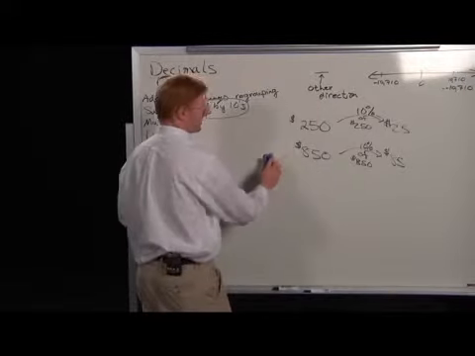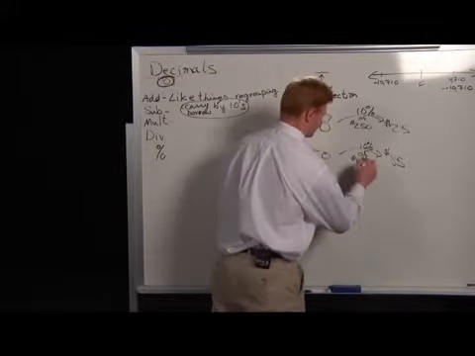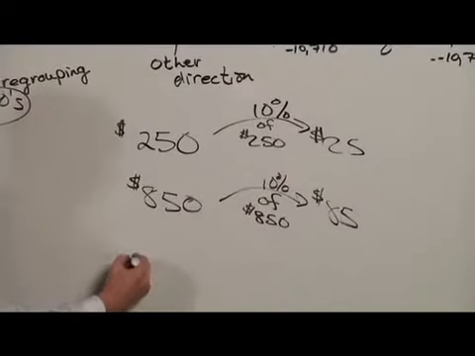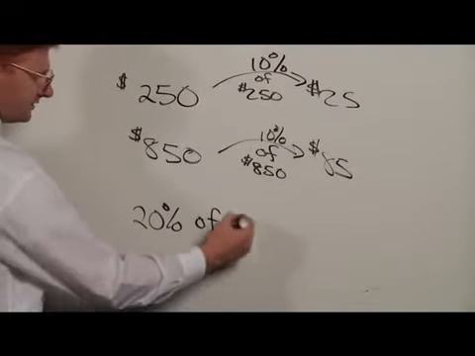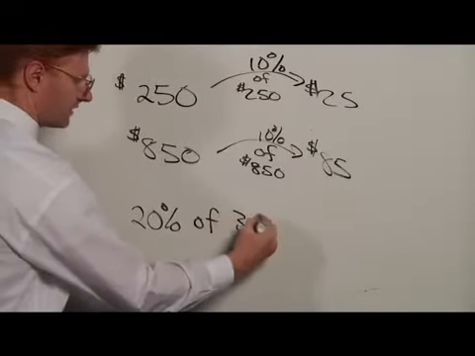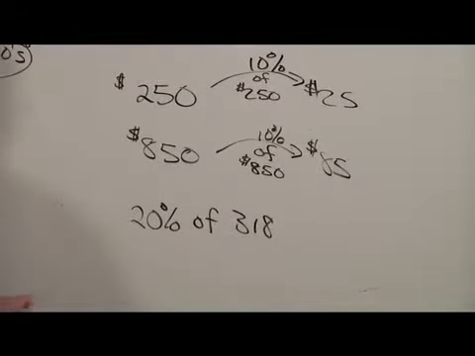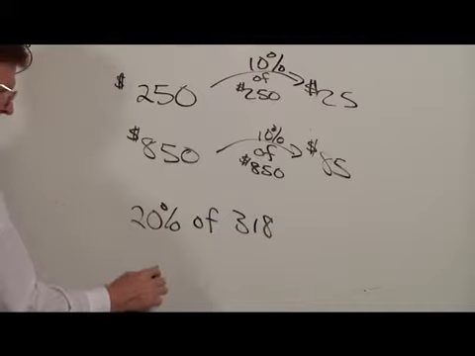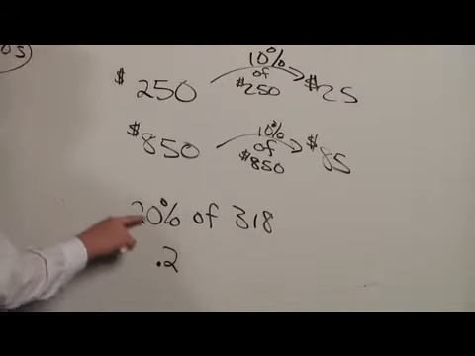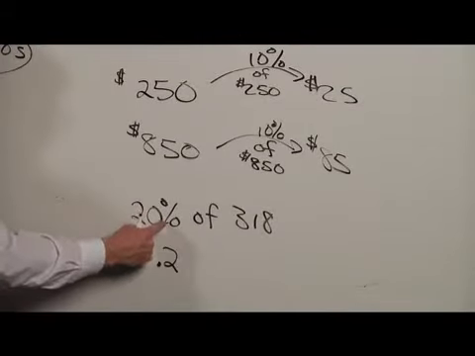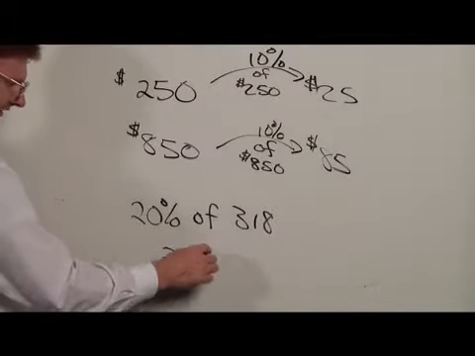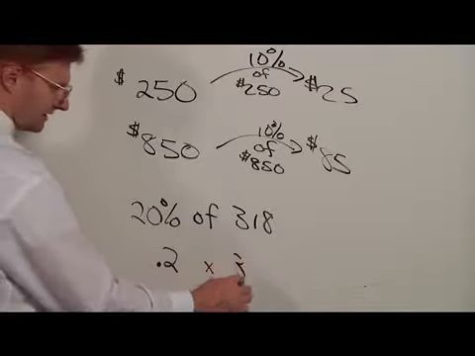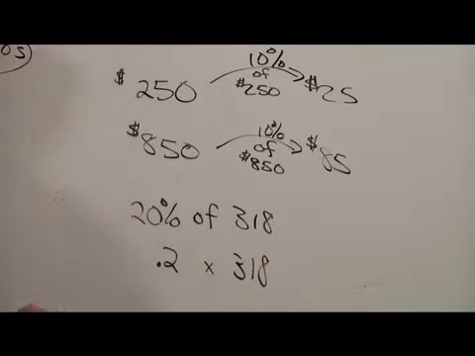So on percents, if we gave you something like 20% of 318, we're going to take 20%, which is 0.20. That's how you change a percent into a decimal. You're going to move the decimal back 2 places. So 0.2 of, this means times, and you have 318.